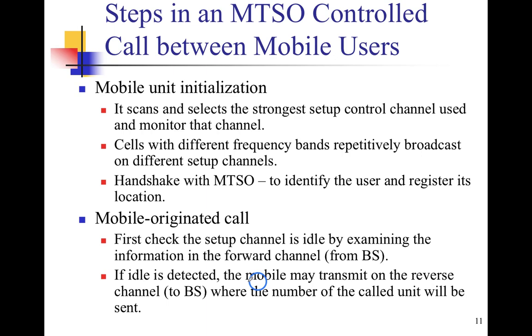If idle is detected, the mobile may transmit on the reverse channel to the BS, where the number of the called unit will be sent. This is if it's idle. If it is busy, then of course you cannot use that channel. Once it's free, then the mobile unit can send data for the connectivity.